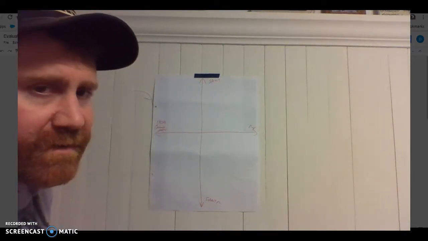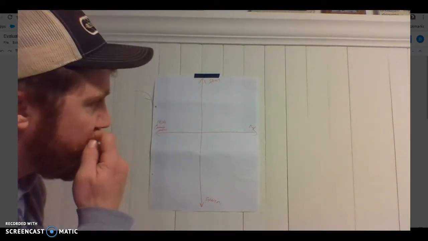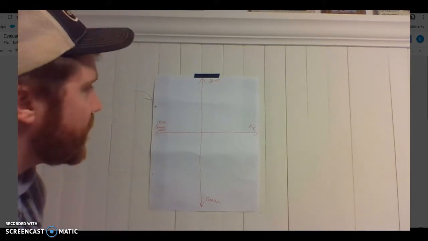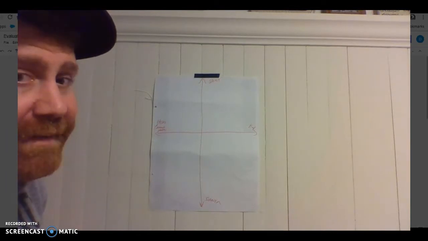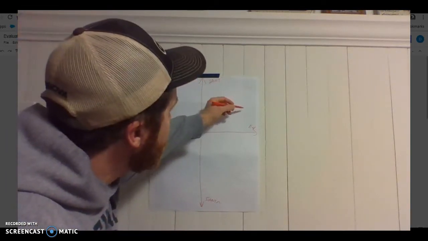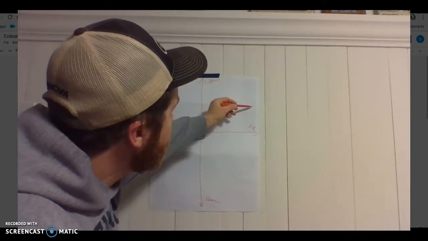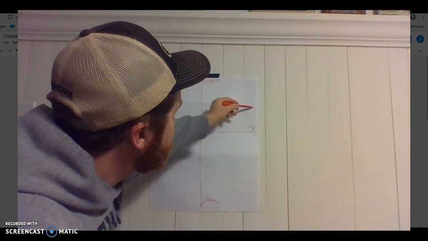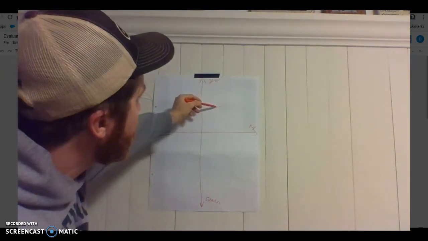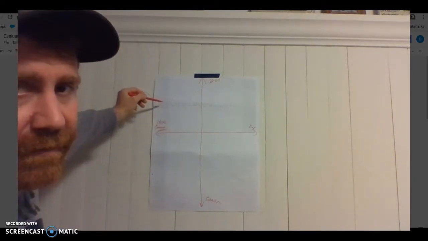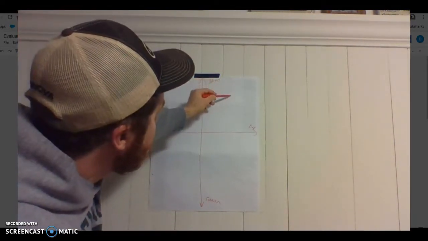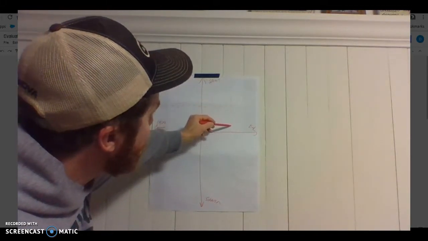As you're placing these on your graph, I think a way to make it a little bit easier is to divide the graph up again. So what I would draw, maybe like a dotted line there, and then make some more quadrants.